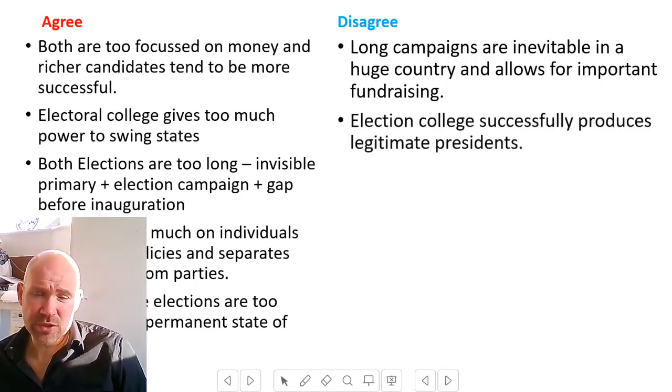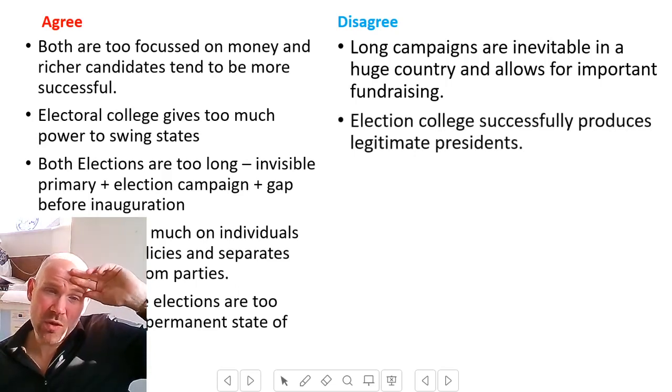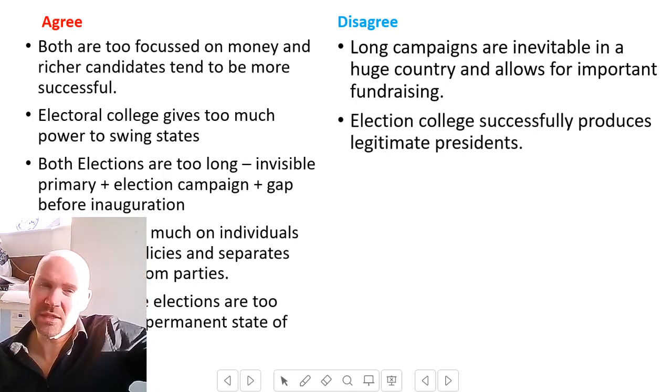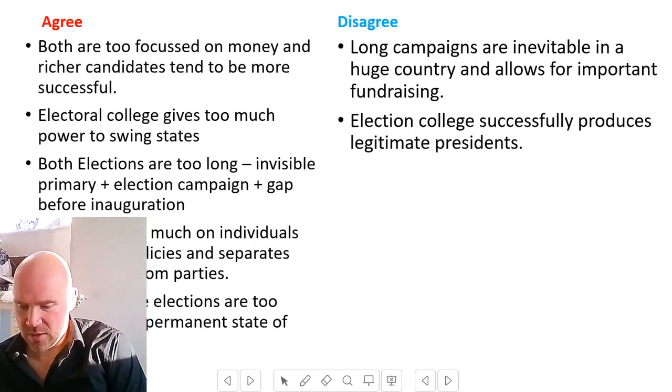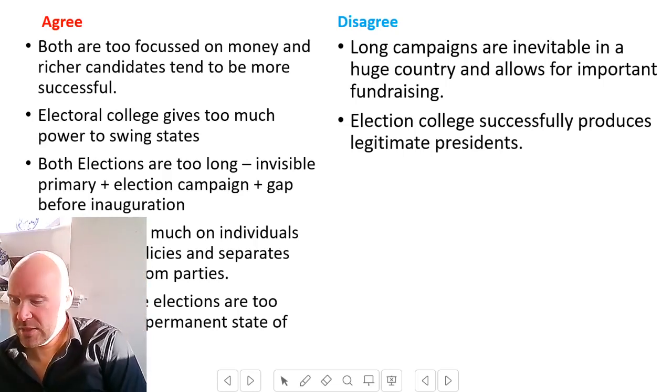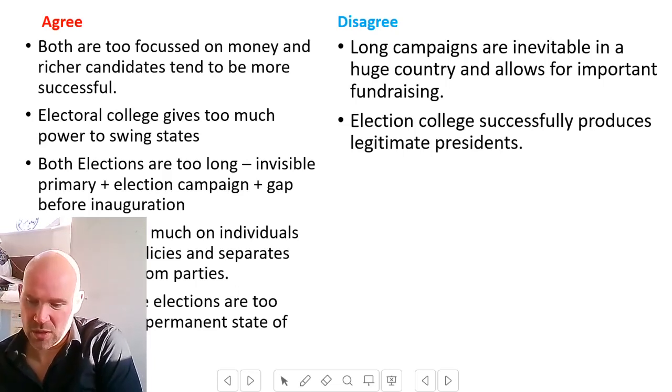The Electoral College, so that should be electoral, not election. The Electoral College does successfully produce legitimate presidents. Now, you can easily defeat this one. You can talk about lots of people said Trump wasn't legitimate, but let's be honest, most of the time, people say, yes, this is my president. He won the election. I will support him.